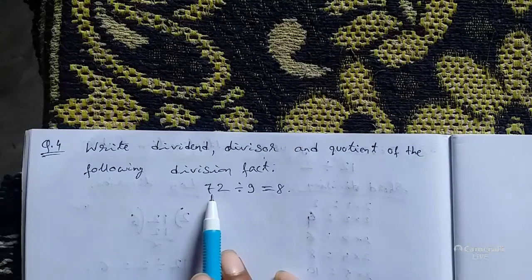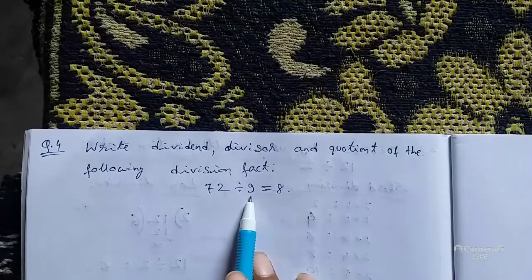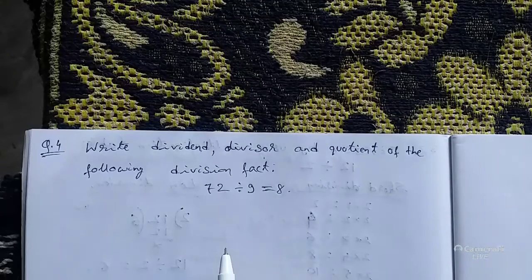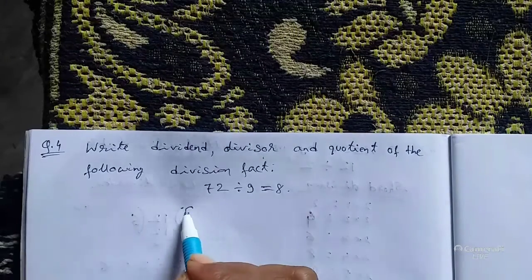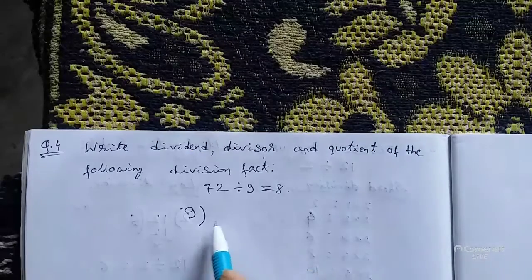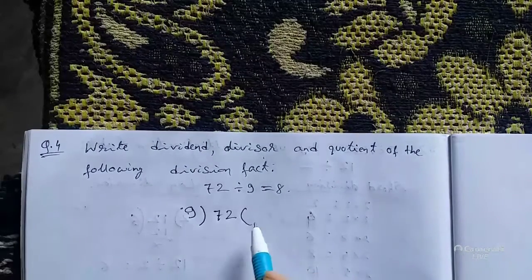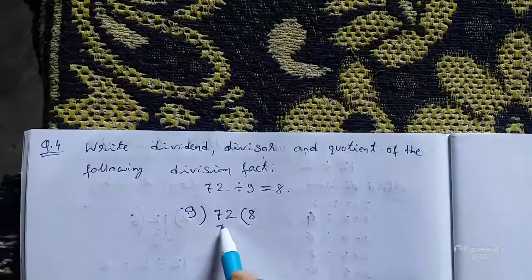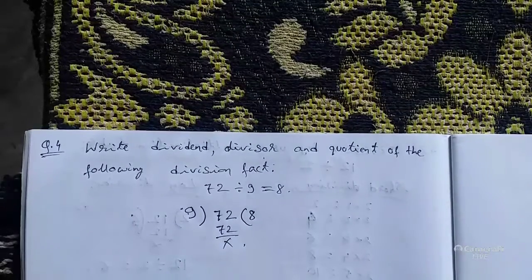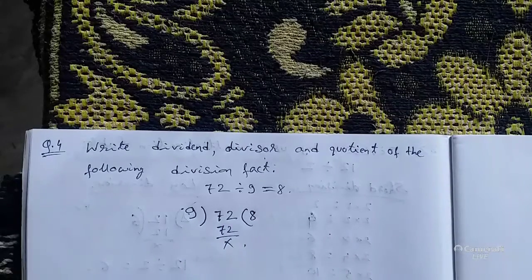If we divide 72 by 9, we get 8. Let us create the long division format of this one. So in this long division format, we can write 9 here. We are dividing 72 by 9 and result is 8. 9 8s are 72. This is the format of the division.